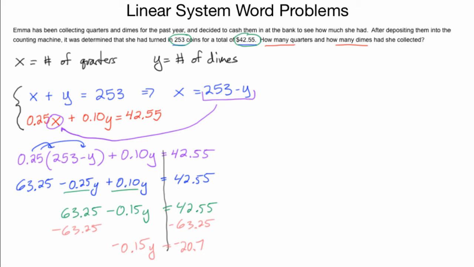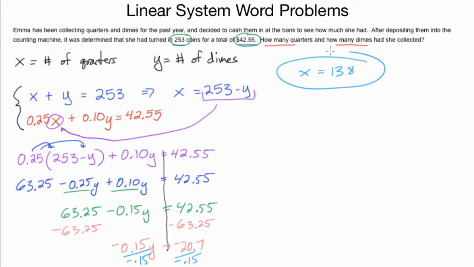All right, for my very last step now, I can divide both sides by negative 0.15. And we get, ta-da! I get a value y equals 138.